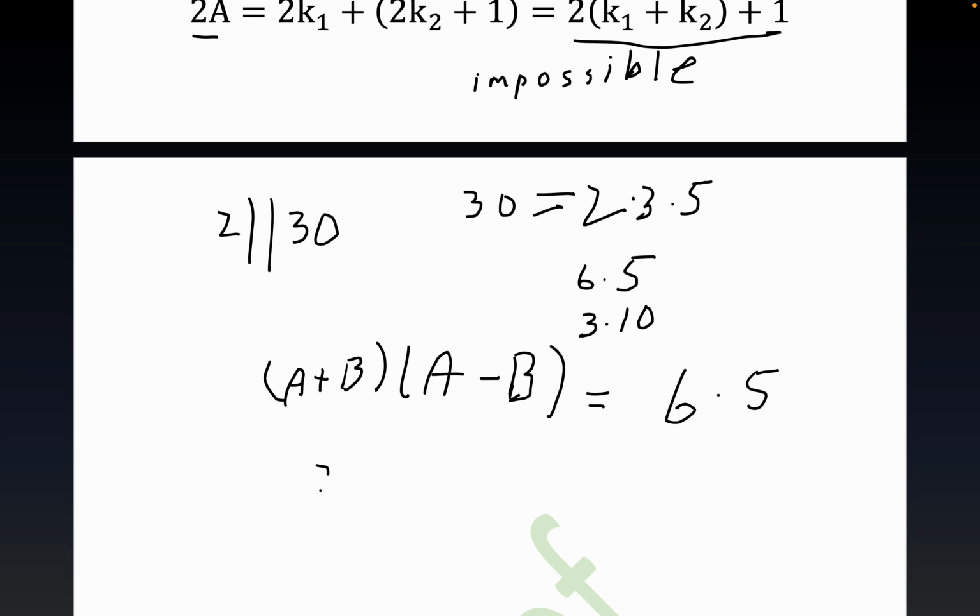You end up with 2a equals 11. Again, I hope I'm not skipping too many steps here, but you equate a plus b with 6 or 5, it makes no difference, and a minus b with the other one. And when you sum those up, the b's necessarily cancel, and you're adding 6 and 5, so this is equal to 11. This would imply that a is equal to 11 halves, and that's not an integer. So you can see the problem with this.